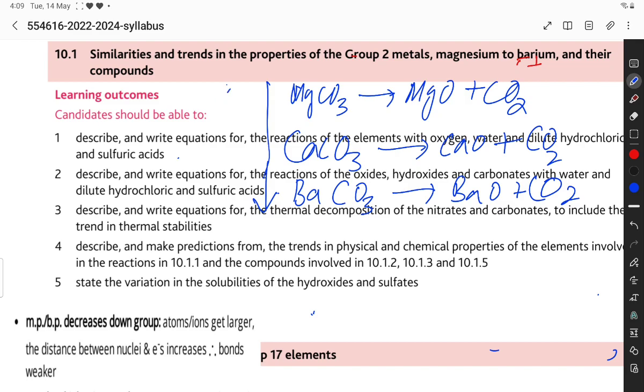More heat is required, for example 100 degrees centigrade, then 200, then 400 degrees centigrade. So thermal stability increases down the group.